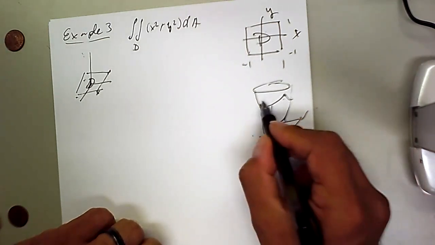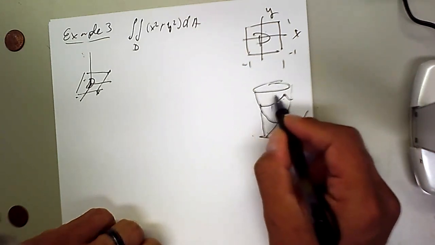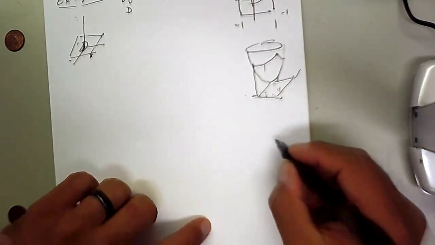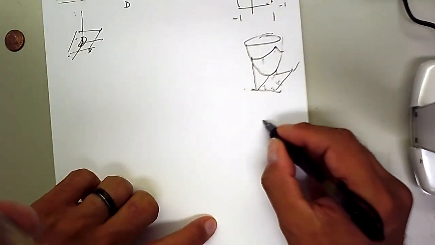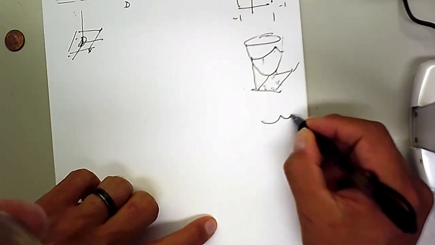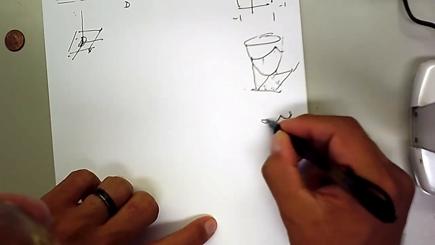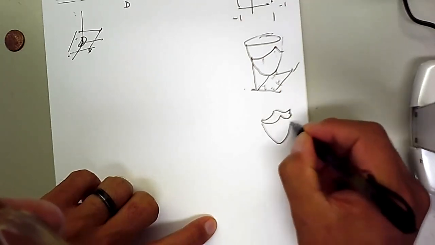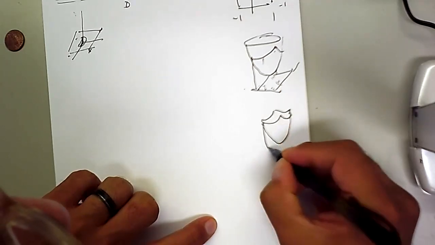So we're not going to have a nice solid circle on the top of the solid. I'm going to attempt to draw it here. It's going to be like this, and then it's going to come back this way and this way. And that is the inside.